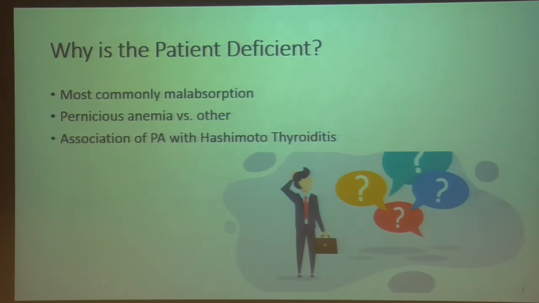Several years ago, maybe many years ago, I was involved in a case of a very young child, an infant in fact, who wasn't reaching normal milestones of development. And mom had a long-standing diagnosis of Hashimoto's and was replaced with levothyroxine.